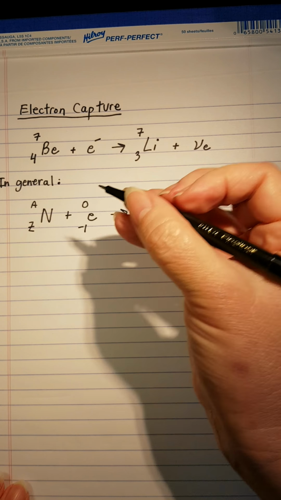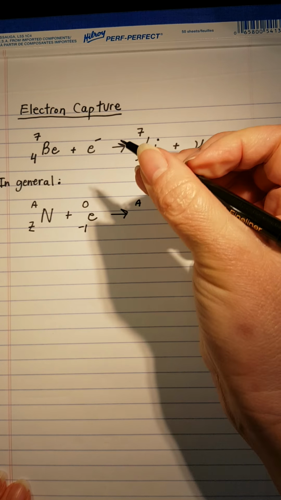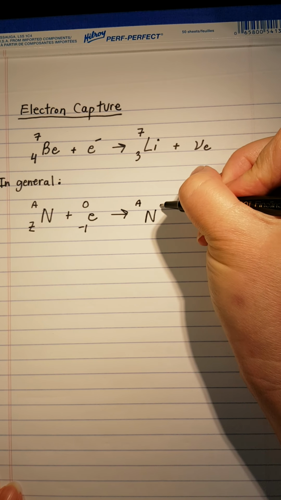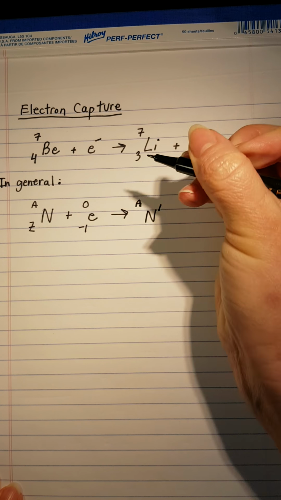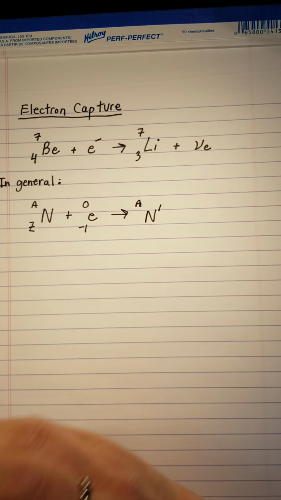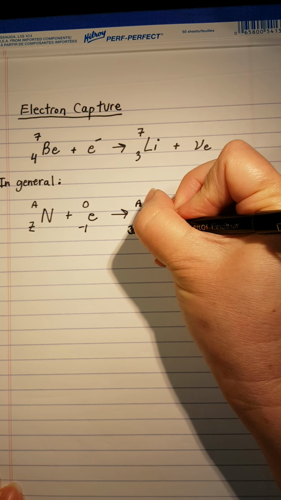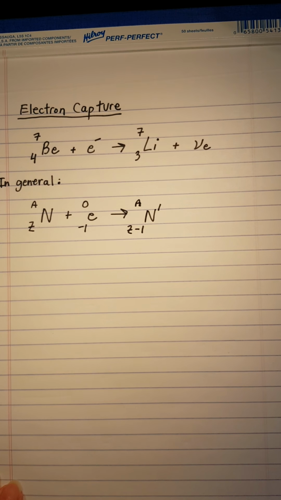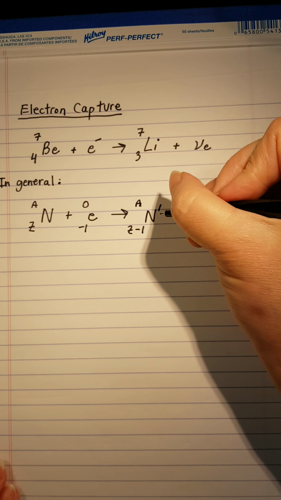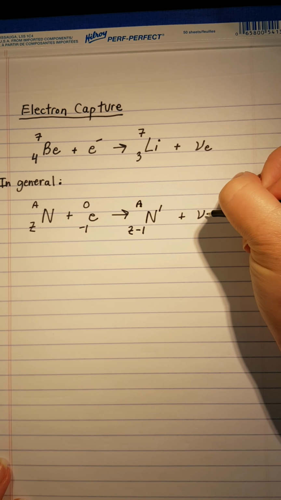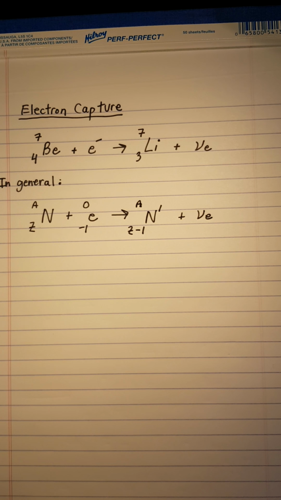Okay, so on the top, we're still going to have A nucleons for our daughter nucleus, but now we're going to have Z -1. So we've lost a proton and gained a neutron in this process. And that's what we call electron capture.